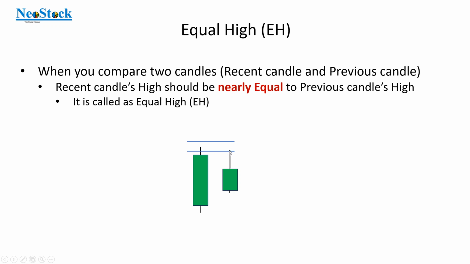Just because of this narrow difference, trend cannot be changed because they are nearly equal. And that is the reason why I have introduced a concept called equal high with a small price buffer just above this previous candle's high and just below this previous candle's high, a small price area.